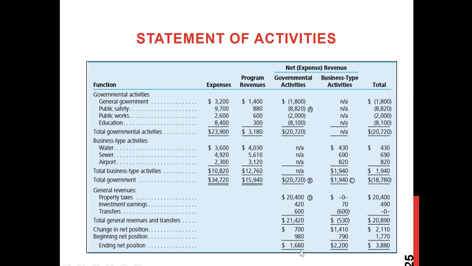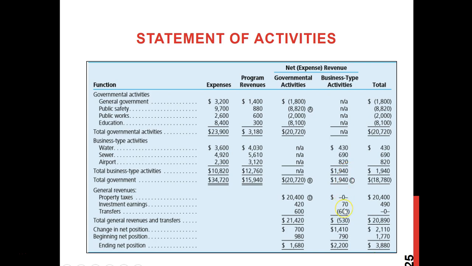Now we can do the same thing with business type activities. Again, the first part is focusing on these governmental activities. Now the second part of this statement of activities is for business type, and we already discussed they have higher revenues than their expenses, so their net revenue is a positive item, 1940.